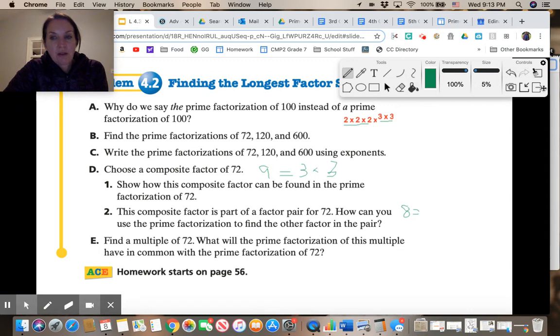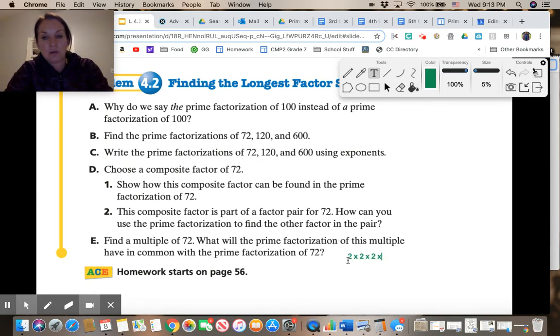Then it says find a multiple of 72. What will the prime factorization of this multiple have in common with the prime factorization of 72? So I'll try this again. My prime factorization was 2 by 2 by 2 by 3 by 3. So that was 72. What would be my next one would be 144, right?